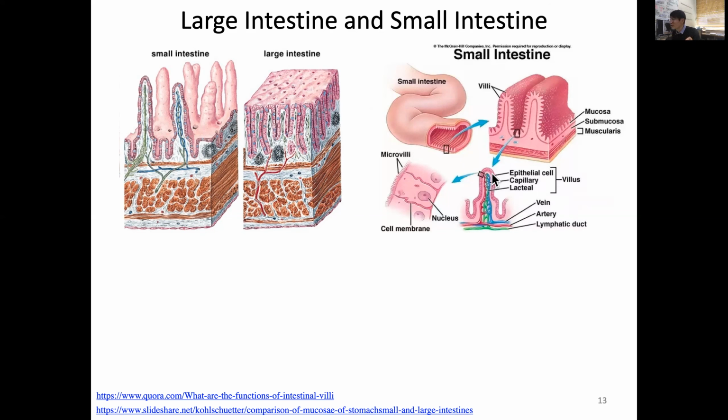You can see this villus is covered with epithelial cells. Underneath this epithelium, there are lots of capillaries and lymphatics, specialized here, called the lacteal in the intestine. And that forms this shape of a villus, okay? And multiple villi.